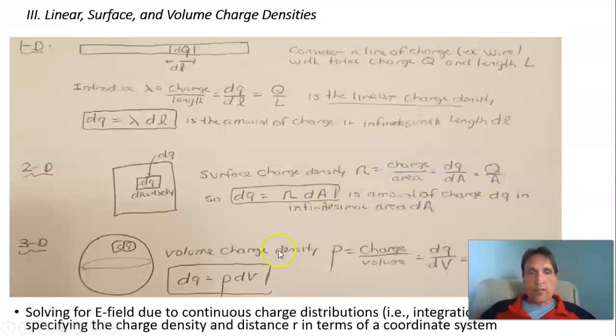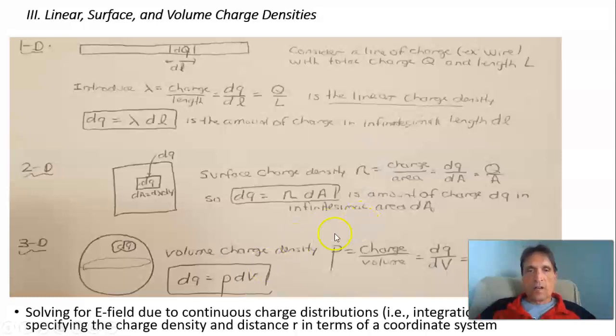When we get to electric fields of 3-dimensional objects, we need to deal with charge per volume, and we define this volume charge density, which they call rho. It's a Greek-looking P, and that's equal to the charge per volume, or delta Q over delta V. Similarly, the incremental amount of charge delta Q is the charge per volume times the volume.